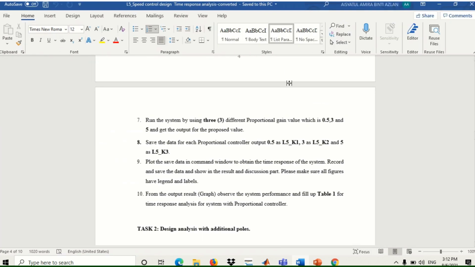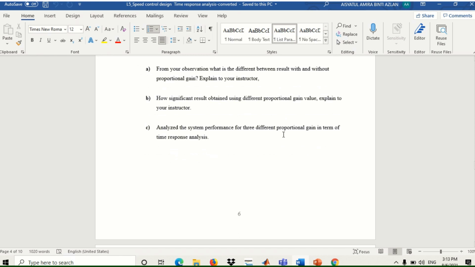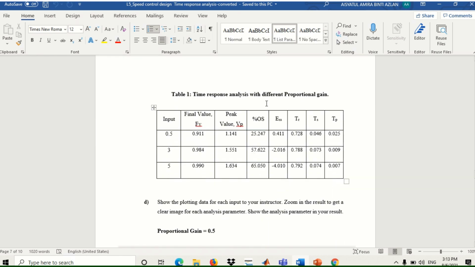So you can see this is the value that I have got from the graph. The final value for 0.5, 3 and 5. Peak value means the maximum overshoot peak value for the three graphs, 0.5, 3 and 5.